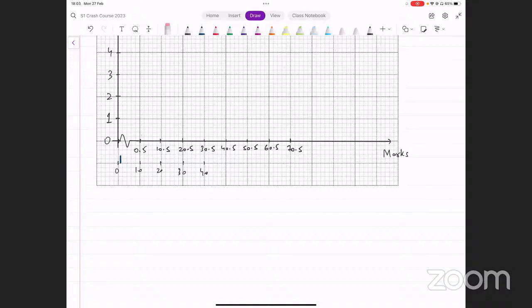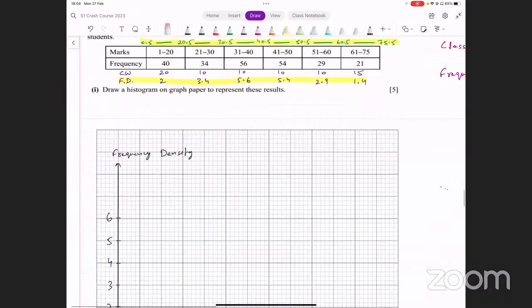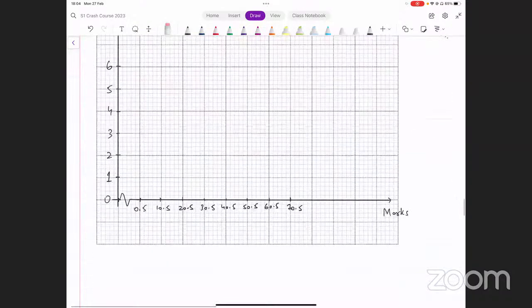So it's much easier to start your scale like this, since your values are starting from 0.5, and then the intervals look like this, that you could take a gap of 10, and that will keep all of these values on these main lines that you have on the graph paper. All right, so instead of starting from 0, it's a better idea to do it like this: 0.5, 10.5, 20.5.